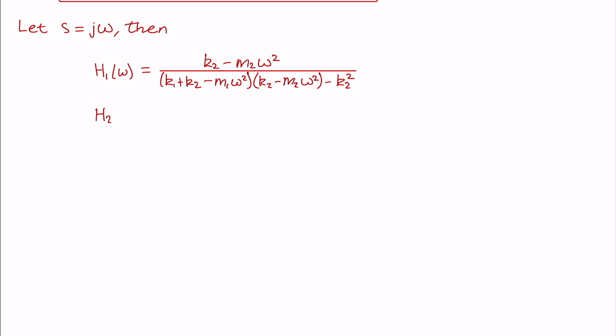And H2 of omega is equal to still just K2 in the numerator, and then the same denominator: K1 plus K2 minus M1 omega squared times K2 minus M2 omega squared, all of that minus K2 squared.